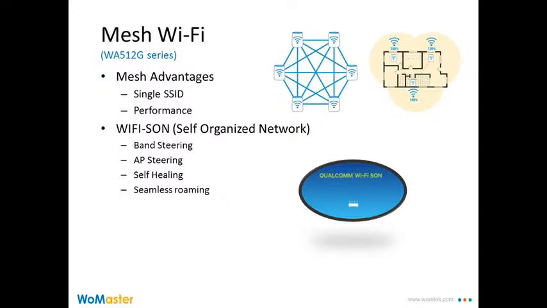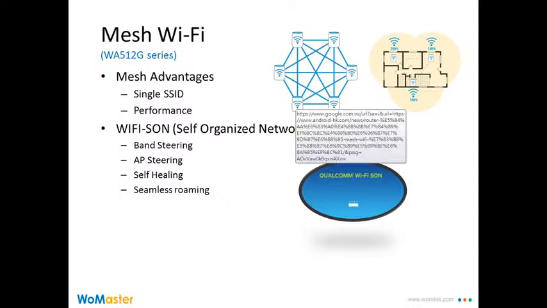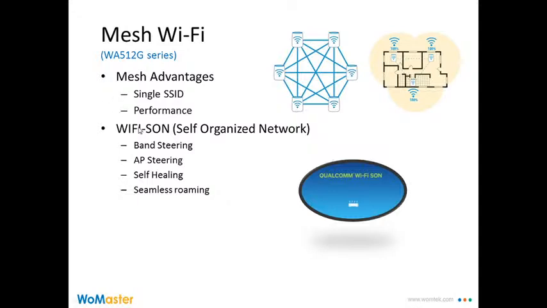Now, we are talking about the features for the mesh network in the following slides. We're going to talk about why we use the mesh, easy setup with the single SSID, and the good performance. What kind of the features belong to the Wi-Fi sound, like the band steering, AP steering, self-healing, and seamless roaming.